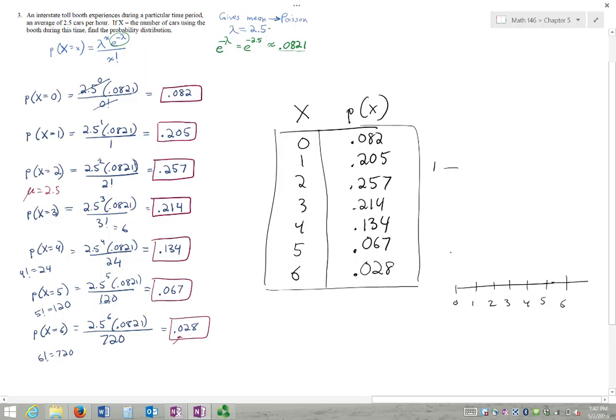So 0.082, that's maybe here. 1 is 0.20, 2 is about 0.25, 3 is about 0.214 again, 4 about 0.13, and you can see that it starts to bring it to that point. So we see it's a right skewed distribution. That's to be expected since mu is such a small number, the mean is such a small number.